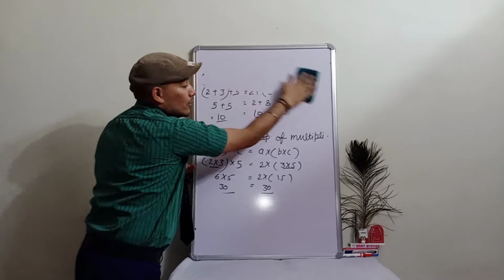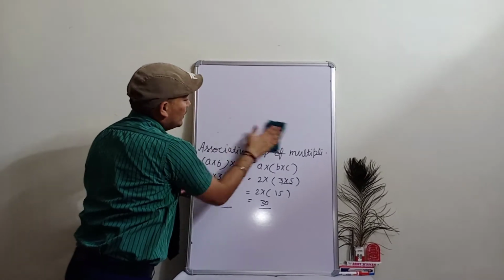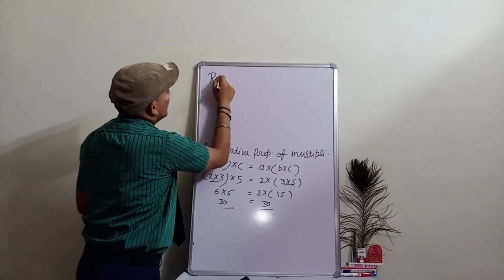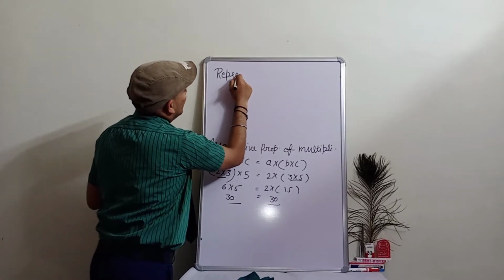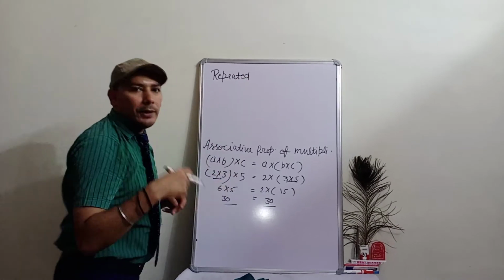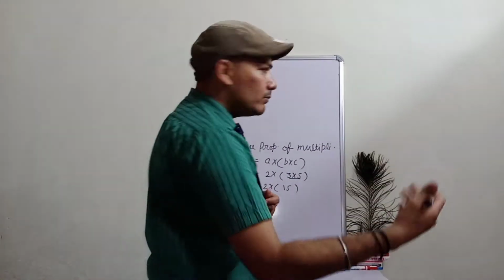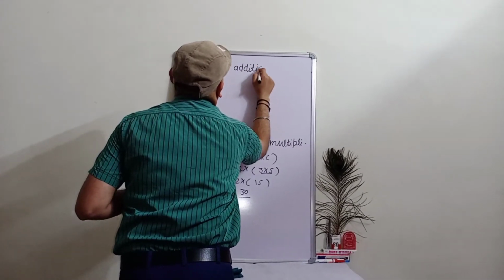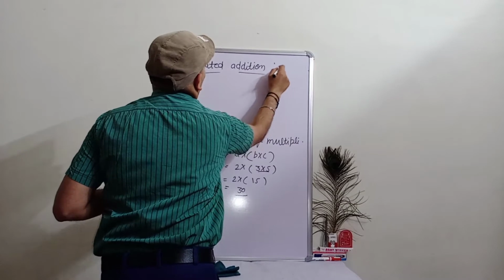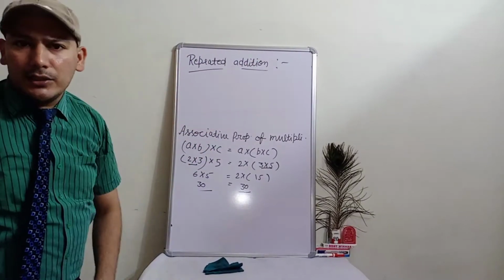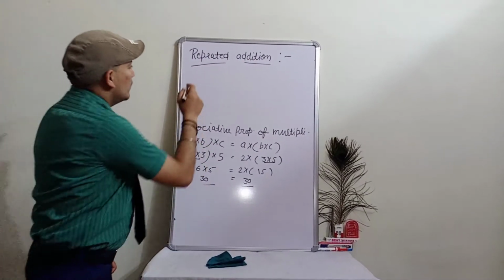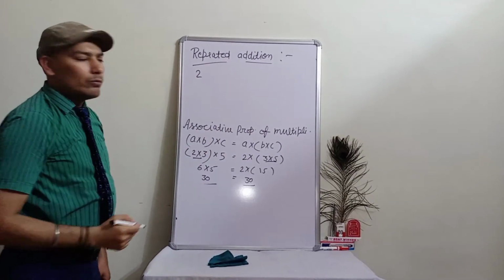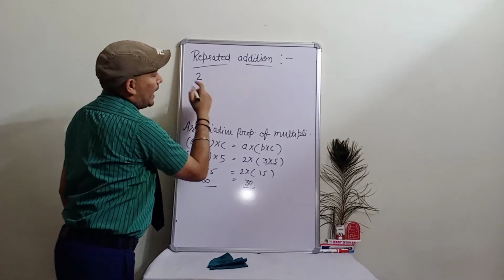Now, here is one more property, known as repeated addition. You know repeat? Repeated again and again. There is a number 2. Repeated addition.